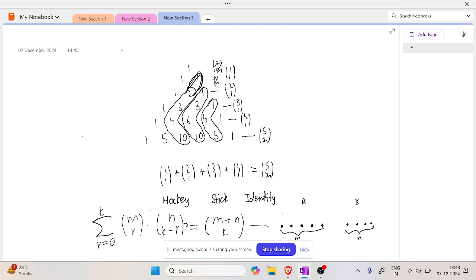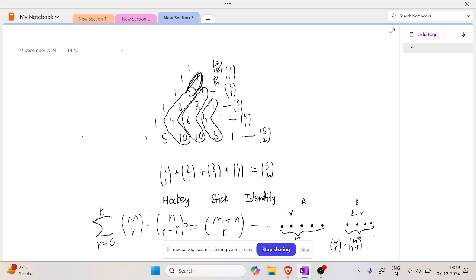You can fix the number of elements r you choose from A, so we'll choose k minus r from B. That will be mCr times nC(k minus r) ways in that case, and you take the summation over r from 0 to k.